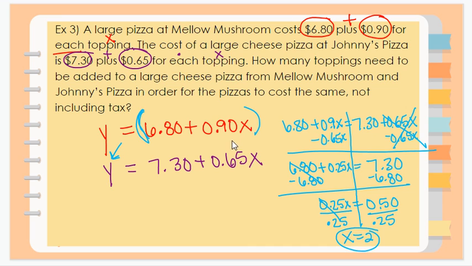So we know that they will cost the same when X is 2. Go back to the question: how many toppings need to be added so that the pizzas cost the same?